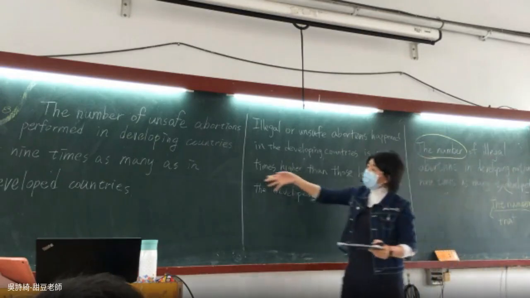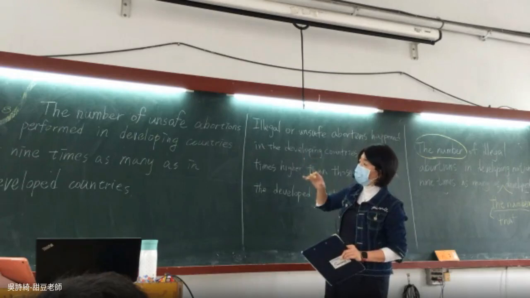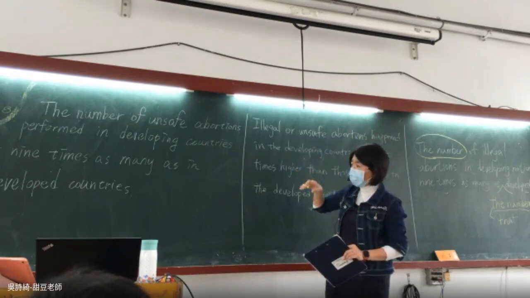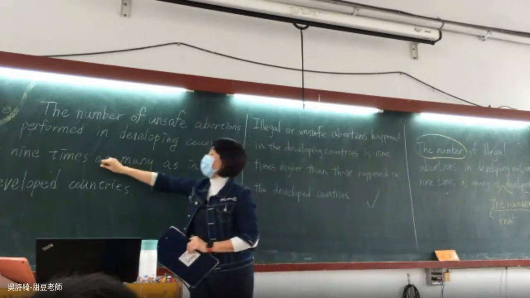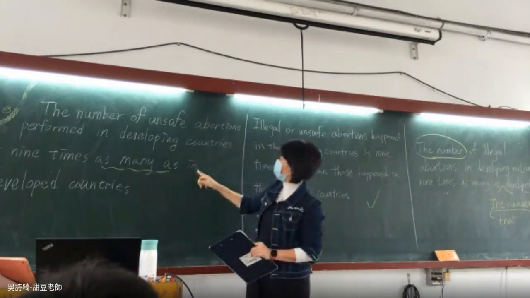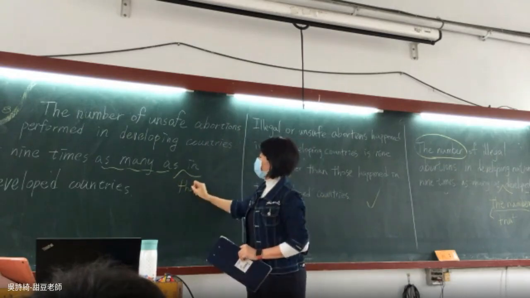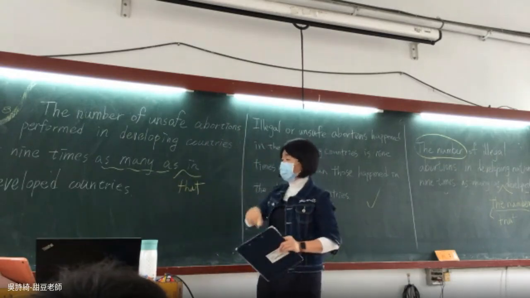Excellent. And then the third one, the number of unsafe abortions performed in developing countries is 9 times. You can say as many as, or higher than, or more than. Again, what is the missing word? Yes, that in developed countries.